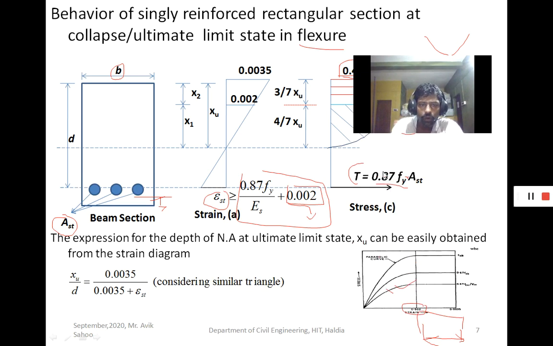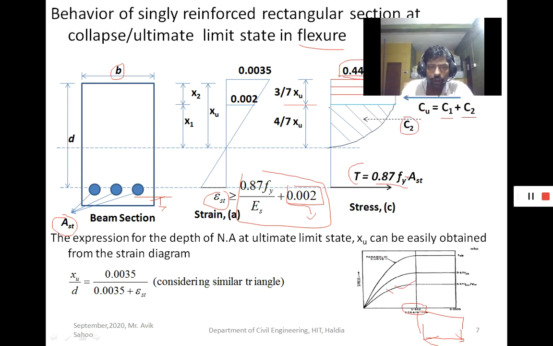Now we want to find out the depth of neutral axis at the ultimate limit state, and Xu can be easily obtained from the strain diagram. So this is a strain diagram. We compute the depth of neutral axis from it. How do we get it?